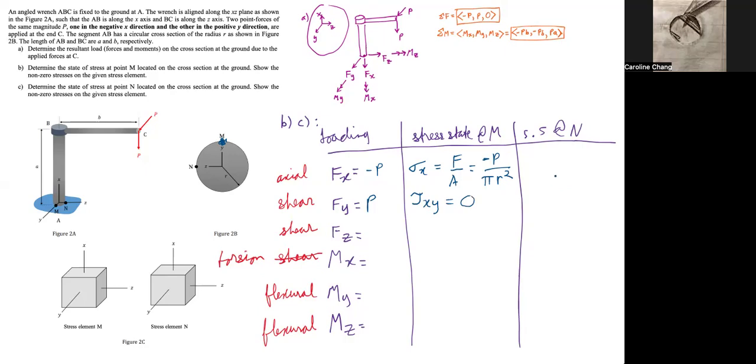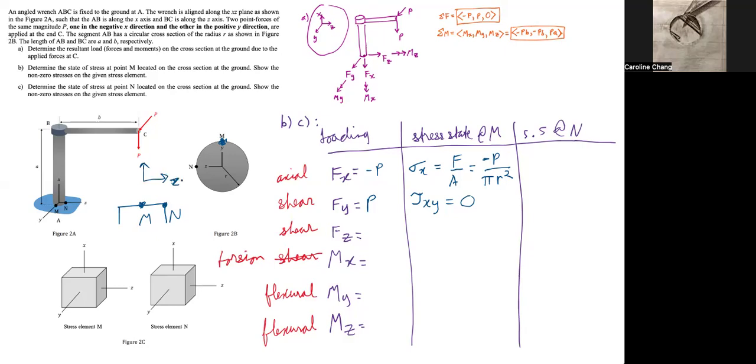What about the stress states at N for F of x and F of y? Well, since an axial force acts evenly across the face of the stress element, if we draw our stress element, we can clearly see this. There's a side view of our stress element with M over here and N over here, and our XZ plane is oriented like this.